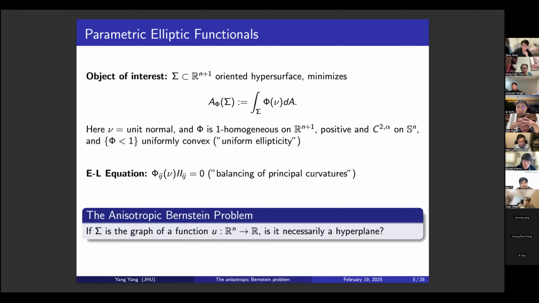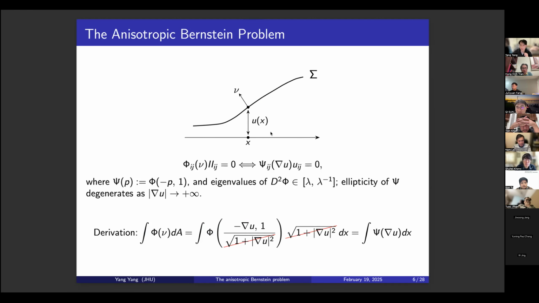Okay, so now I want to first connect this geometric version of the equation to a PDE I'm going to work with. The way I like to view this hypersurface sigma is that it can be written as a graph of u. And this nu is just the unit normal of this sigma. Then this geometric version of the equation can be written as this quasi-linear elliptic equation: psi ij of grad u times u ij is equal to 0, where this function psi is just the function phi restricted to the hyperplane tangent to the sphere at the North Pole.